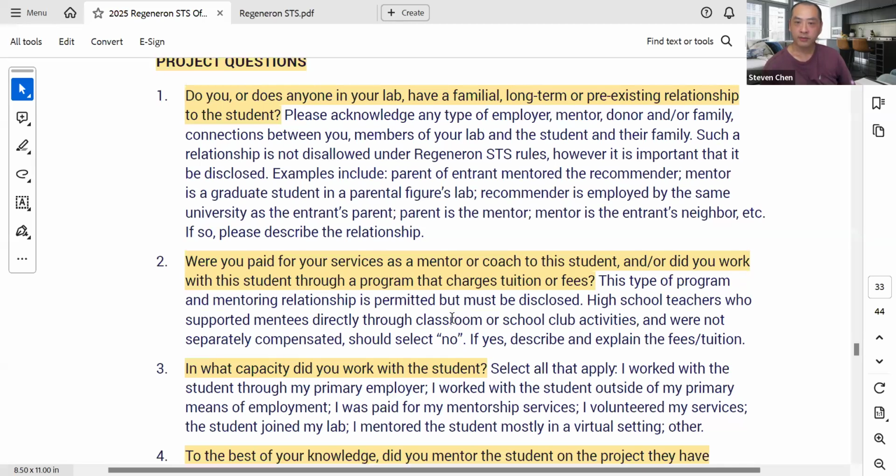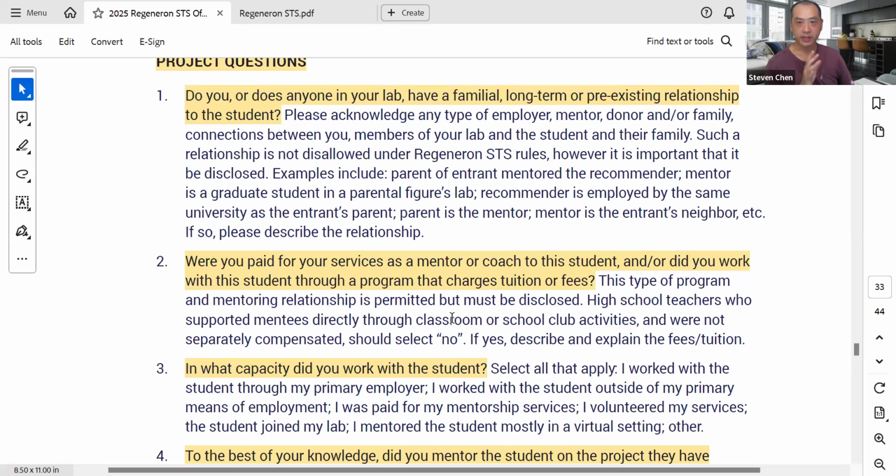And second, were you paid? So this is very important. Actually, later you'll see such a question that will also go to the applicant. The applicant will be asked, for your research opportunity, how did you get it? Did you pay tuition to get this opportunity, or is it free? That is also very, very crucial.